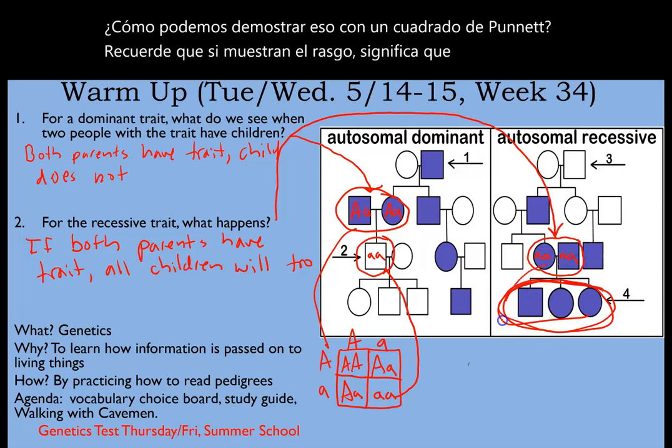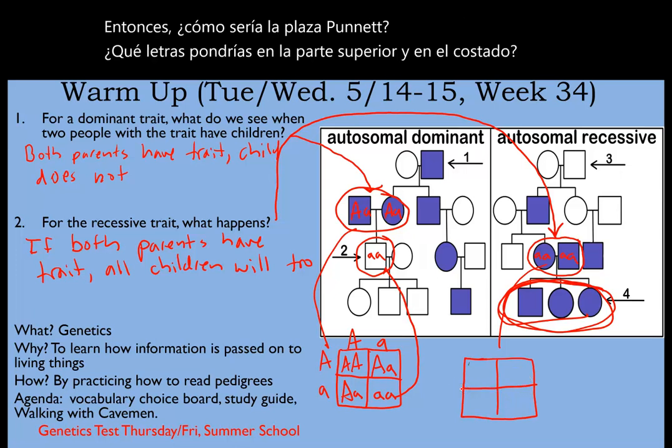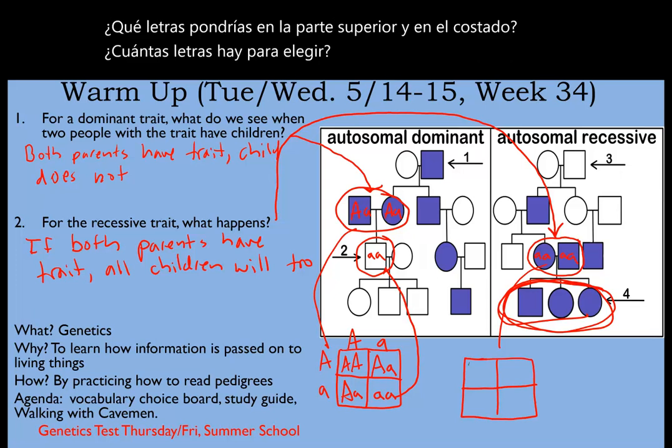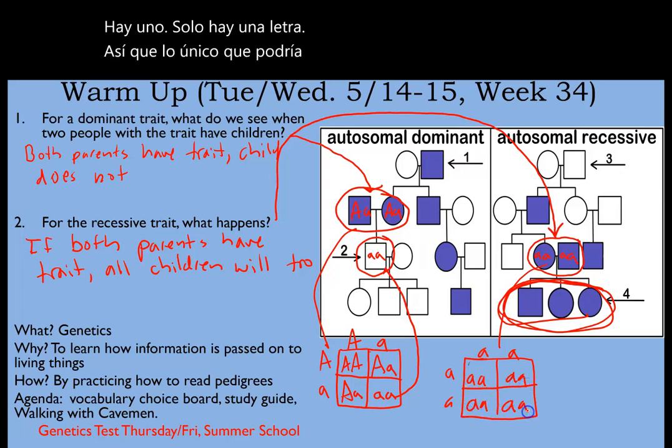So what would the Punnett square look like? What letters would you put on the top and on the side? How many letters are there to choose from? There's only one letter. So the only thing that could possibly be in here are a's. So there's no possibility.